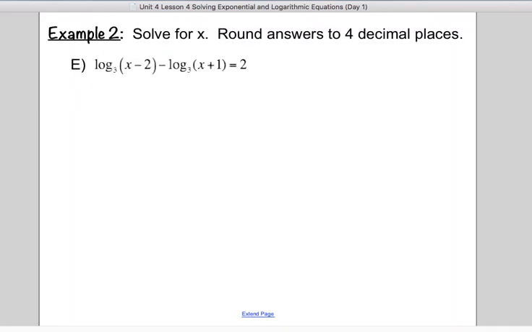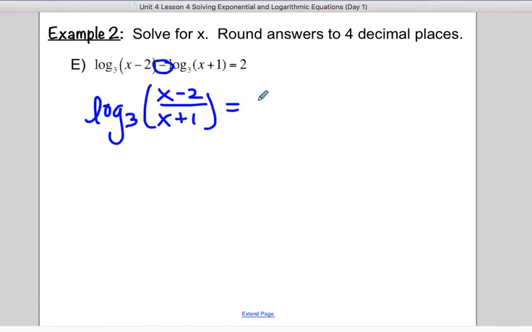All right, E. I look at E. I see more than 1 log, so I'm going to rewrite it. It has subtraction, so we rewrite it with division. So I have x minus 2 over x plus 1 equals 2. Then we go ahead and change the base.